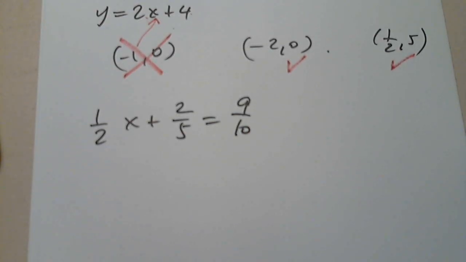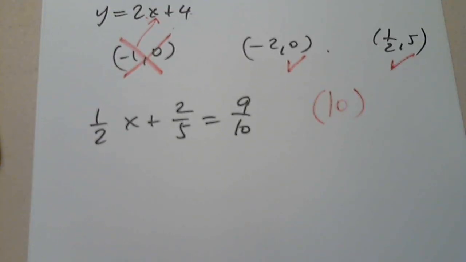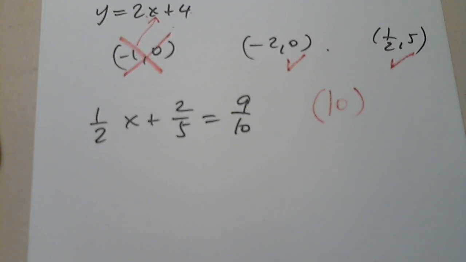And please tell me, what do you think I would do? Yes, I'm interested in what you would do, but I'm hoping you remember what I would do. You would multiply everything by 10. Of course I would. I have nothing against fractions, but why not make it easy if I could? Why not?